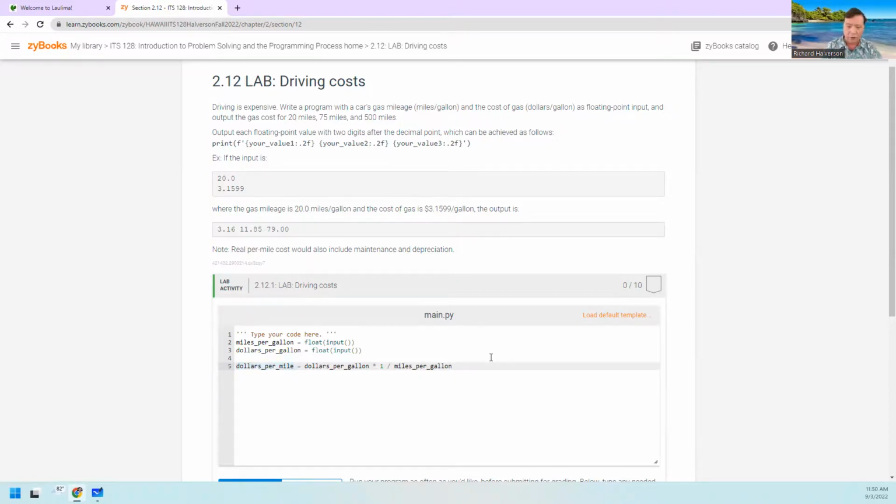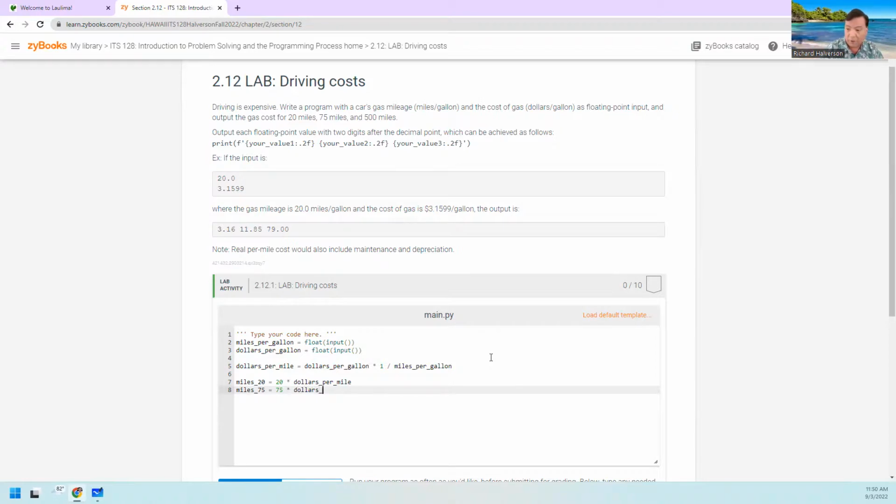So now all we have to do is say miles 20, because I can't name a variable 20 miles. So I'll do miles 20 equals 20 times dollars per mile, and miles 75 equals 75 times dollars per mile.